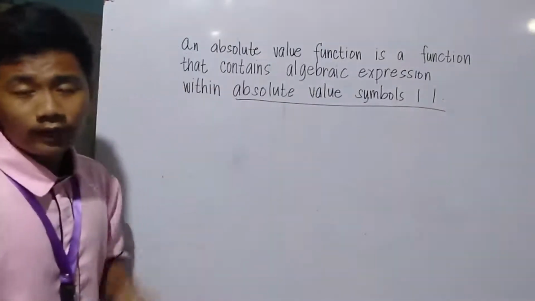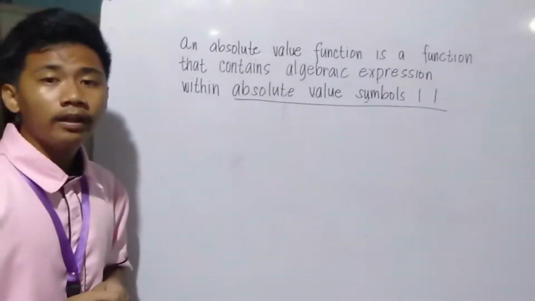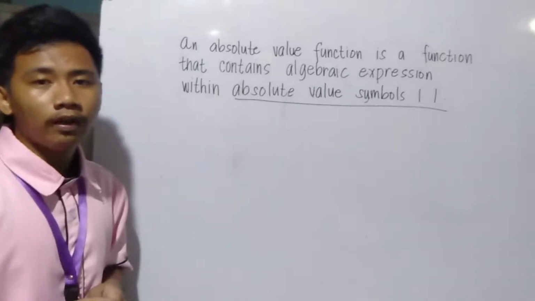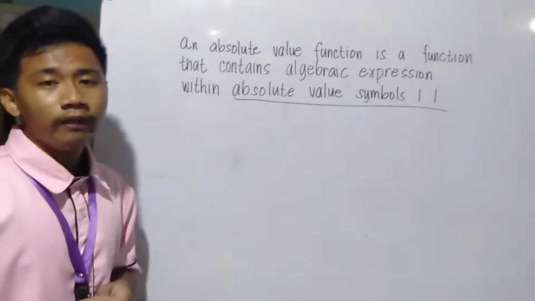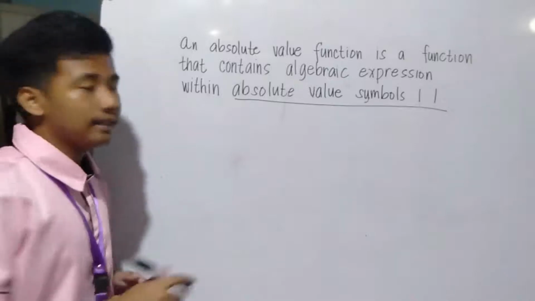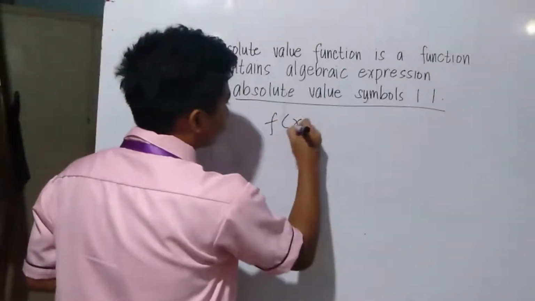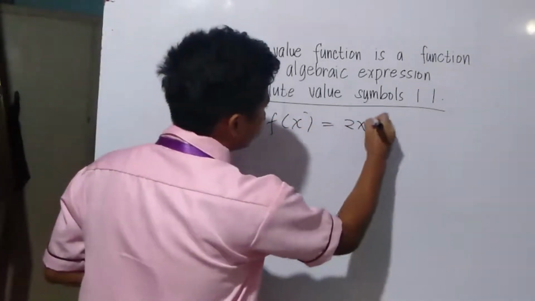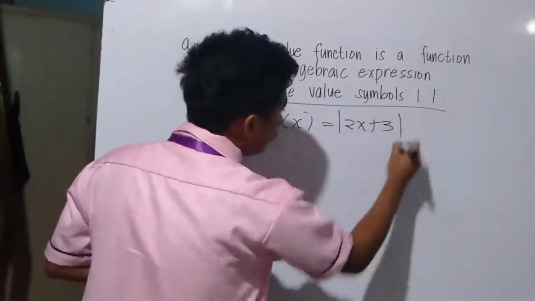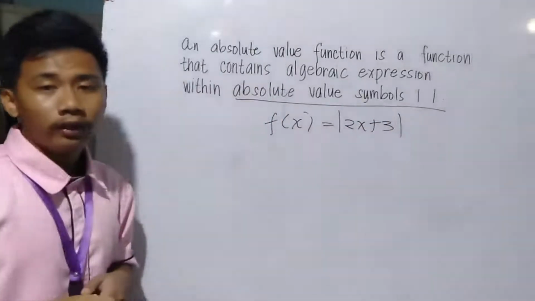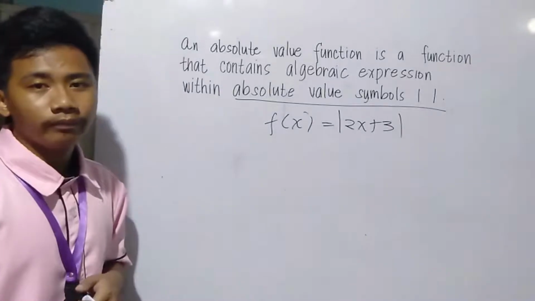So from this definition, we can simply tell if a given equation defines an absolute value function. If the given equation has an algebraic expression within absolute value symbols, therefore it is an absolute value function.